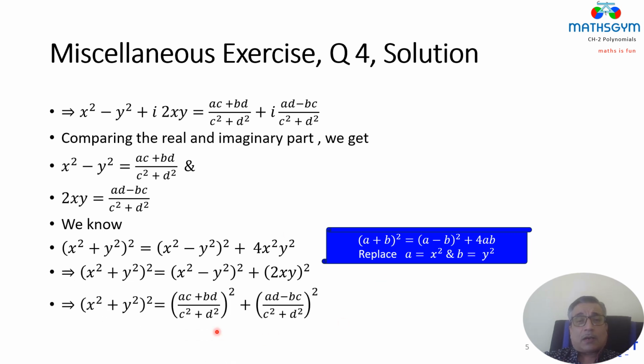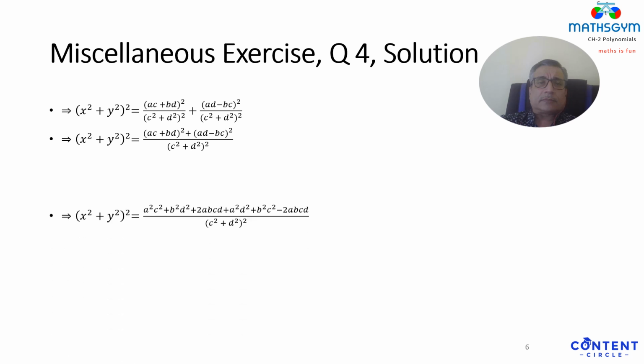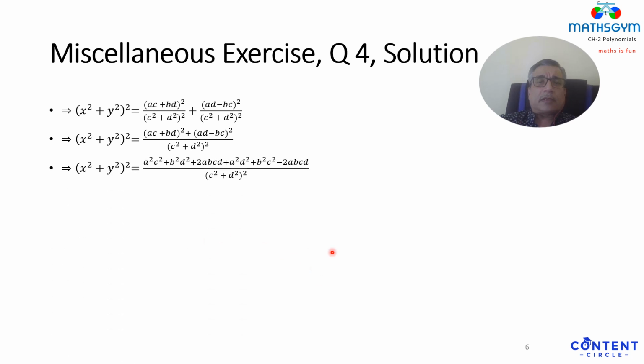So while doing the substitution, we arrive at x square plus y square whole square is equal to ac plus bd upon c square plus d square whole square plus ad minus bc upon c square plus d square whole square. And when we do the expansion, what do we get? On the right hand side, let's combine, because we can see that the denominator is the same.